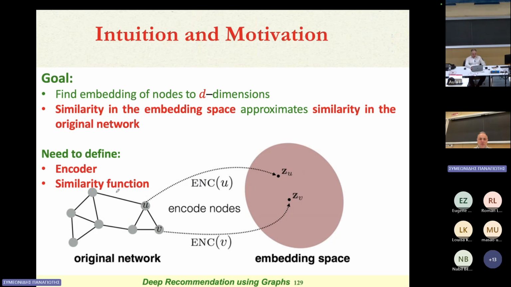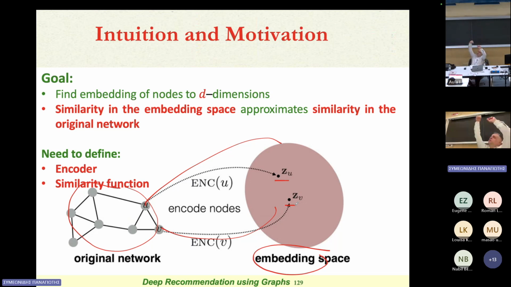So we have the original network, and we want to represent two nodes of the graph in another space. This is the latent space, or the embedding space. Maybe in this space, these two users come closer, or this could be proteins, or diseases, or a protein and a disease.